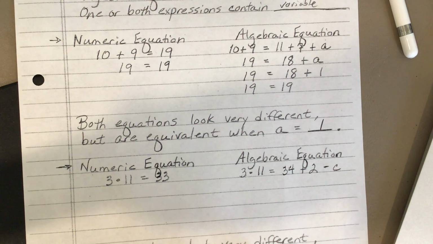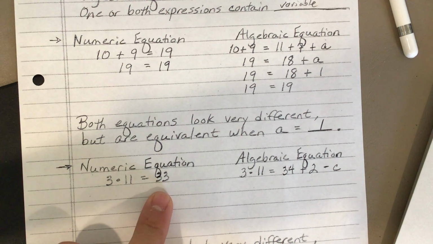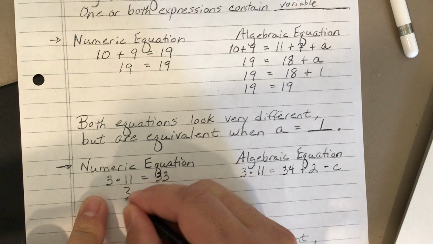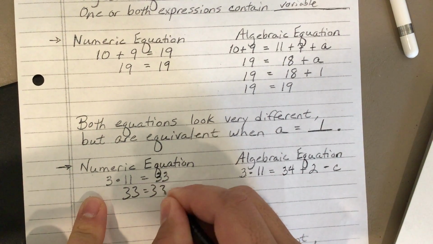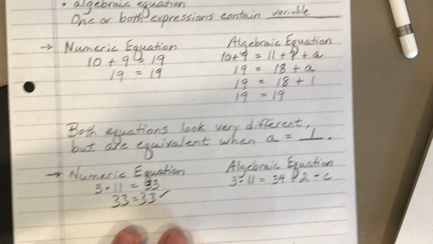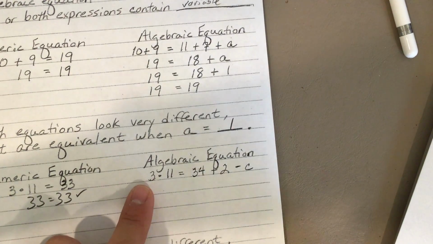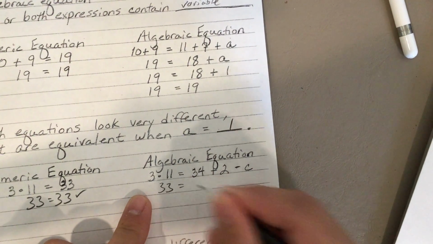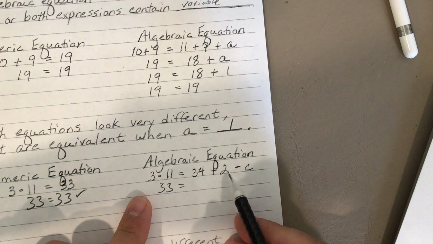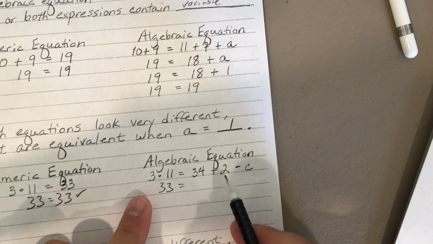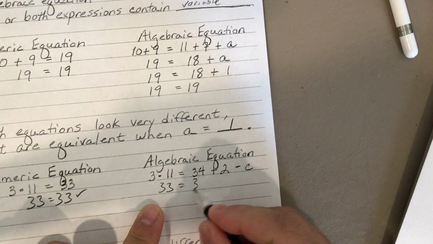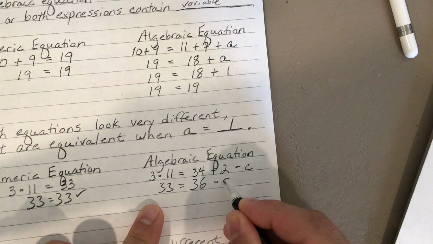Okay, so here's an example. 3 times 11 is 33. That's simple. Both sides are equal. That is a numeric equation. 3 times 11 is still 33. 34 plus 2 minus c. Well, what's 34 plus 2? That would be 36 minus c.